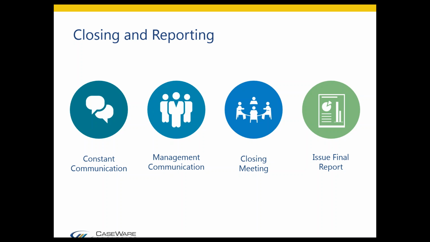We're communicating our findings and our concerns, and any things we're seeing that come up, like repeated types of transactions or issues that seem like outliers or something peculiar. So just constant communication. Next is management communication.